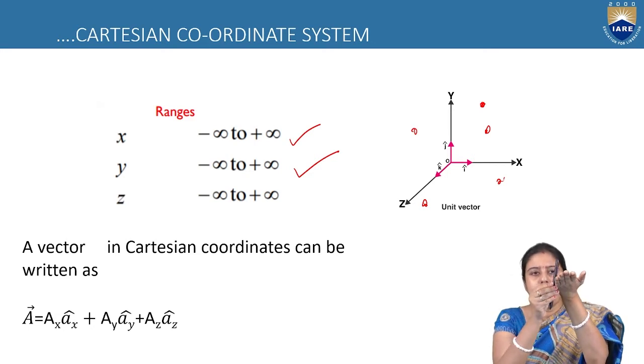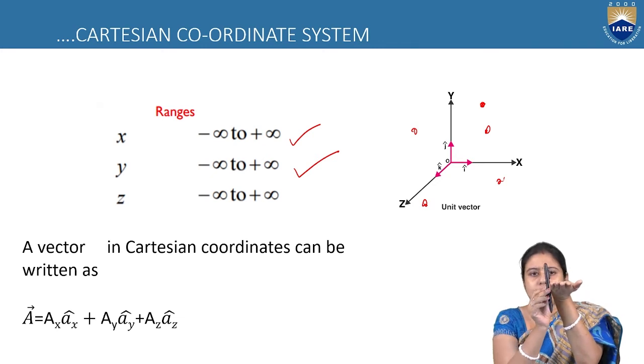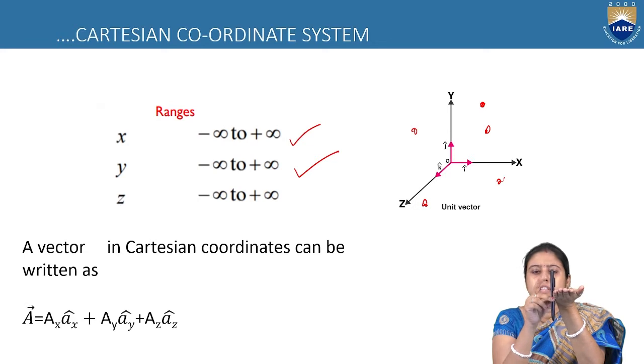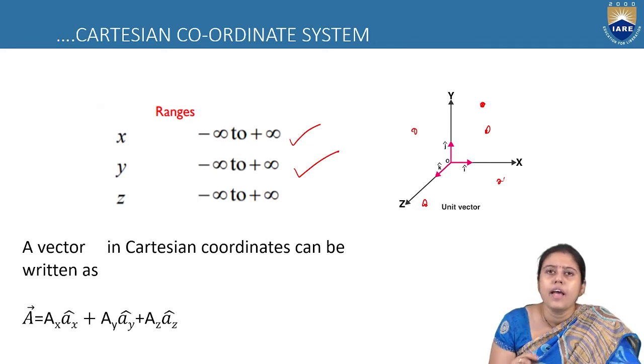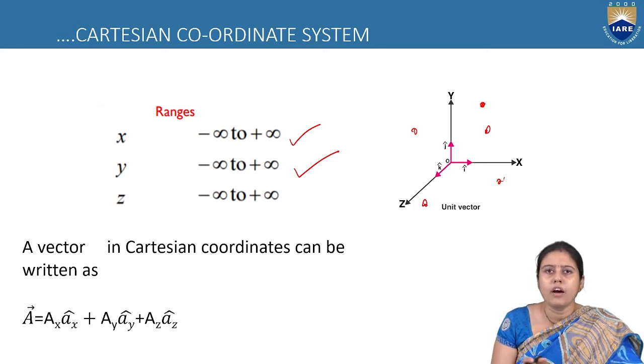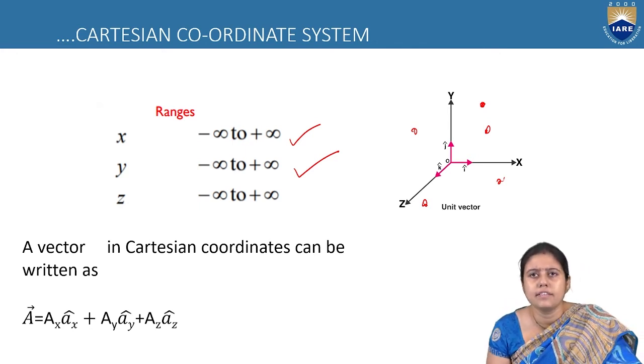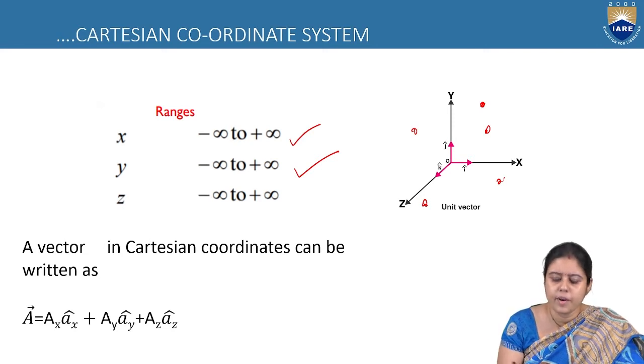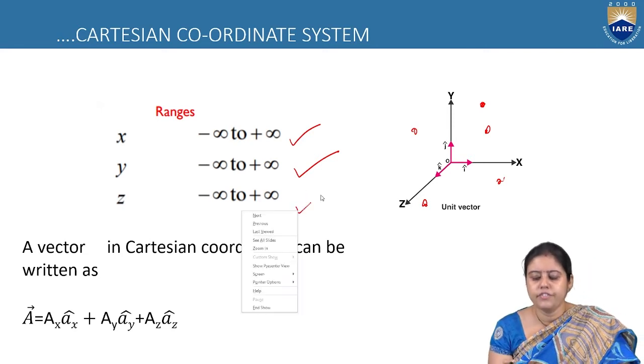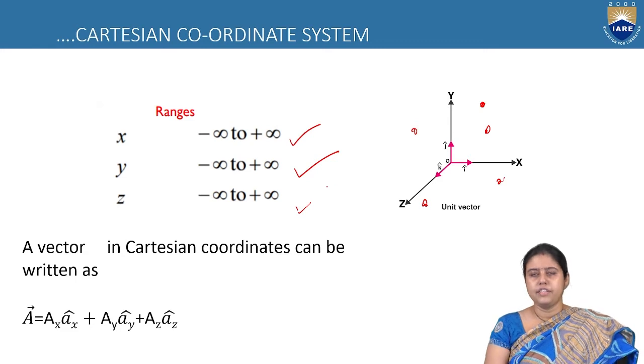If we keep the pen like this, and my hand is the axis, the portion above my hand is the positive z and the portion below my hand is the negative z. If we take the ground as the axis, then underground is the minus z, and z ranges from minus infinity to plus infinity.